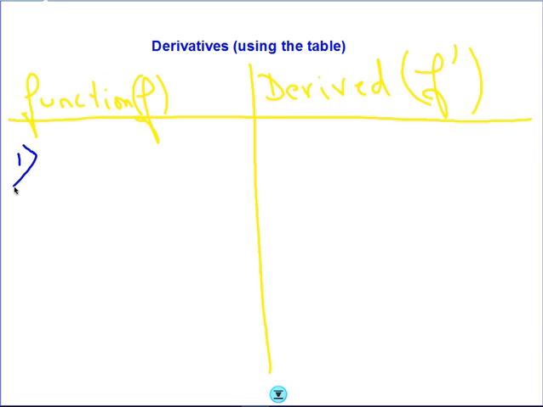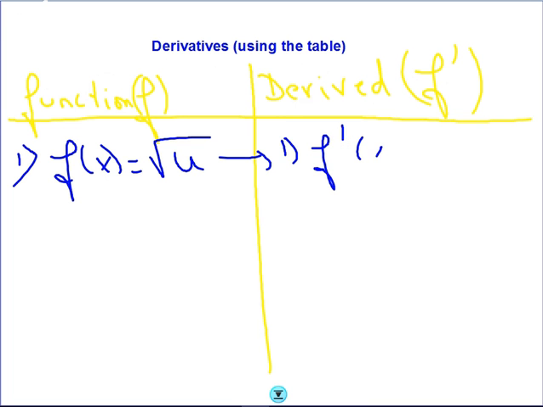The first thing that you have to take is if you have f of x equals radical u, where u is a function in x, so its derivative f prime of x will be u prime over 2 radical u.